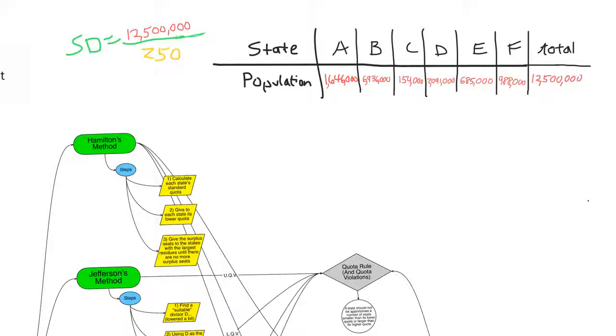So therefore, the standard divisor will end up being 500,000 people. So in order to figure out the standard quota of each of the states, you have to take the population of each state and divide it by 500,000, and that would give us the following row.